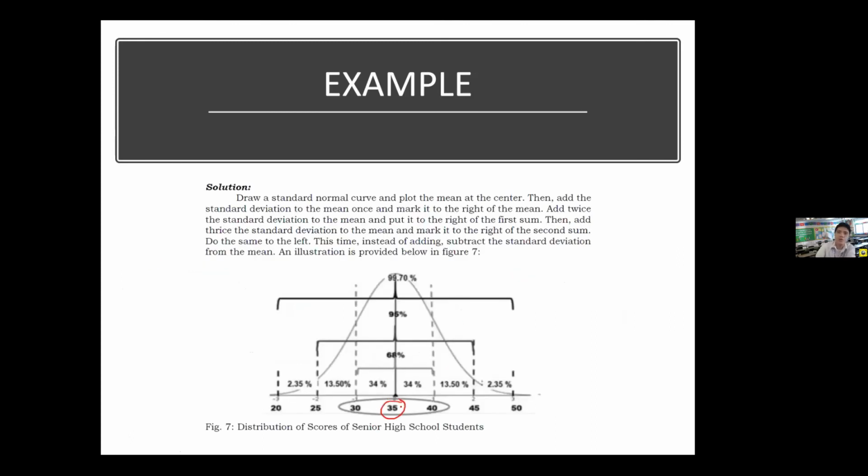Tapos since 5 man imong standard deviation, so plus 5 na lang ka mo na diri ka mag 40, 45, 50. Sa baba pod 30, minus 5 na pud ka, 35 minus 5, 30 minus 5 ug 25, 20. Tapos mo na ni atong graph. So take note, one standard deviation. So nanatay sketch ana karon.